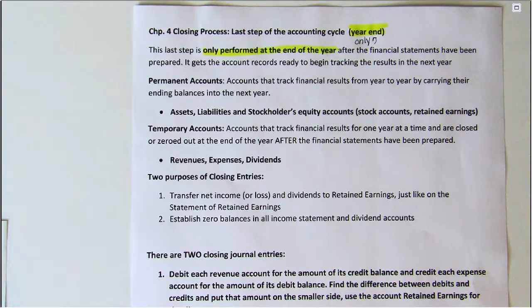And then they run the next race. So each race is individually timed. The same thing with our accounting year. We want to set the clock back to 0, set the records back to 0 to track 1 year at a time. Our closing entries are fairly easy to do. There's 2 of them.